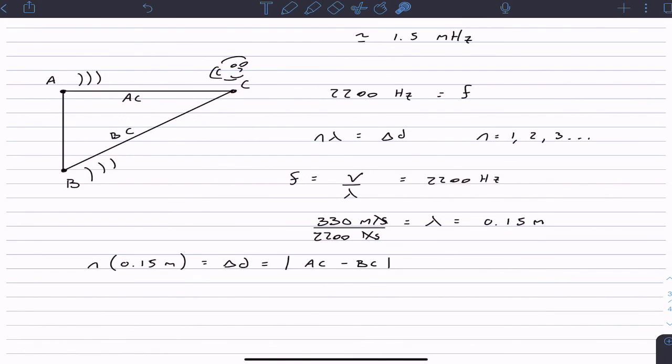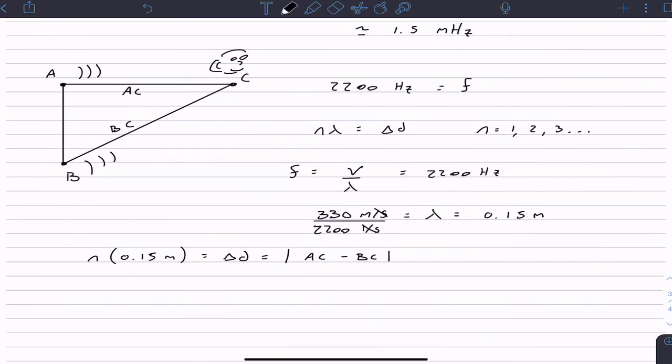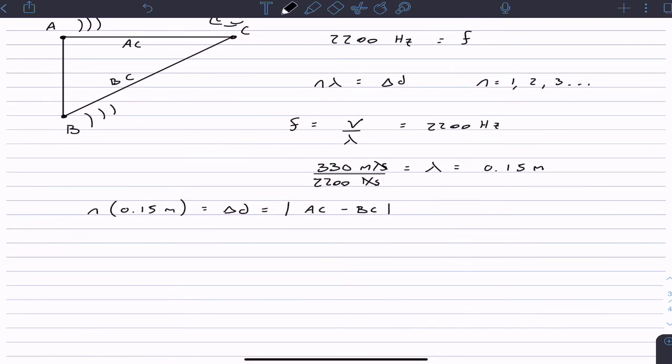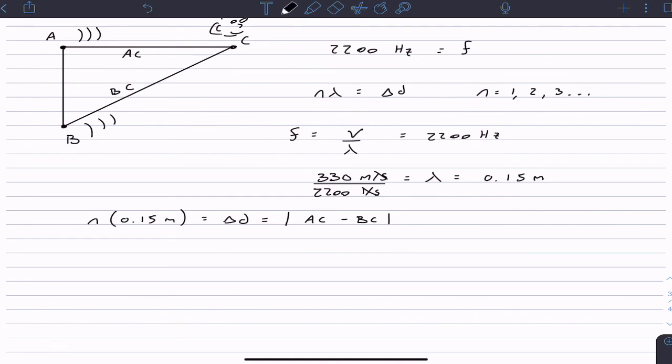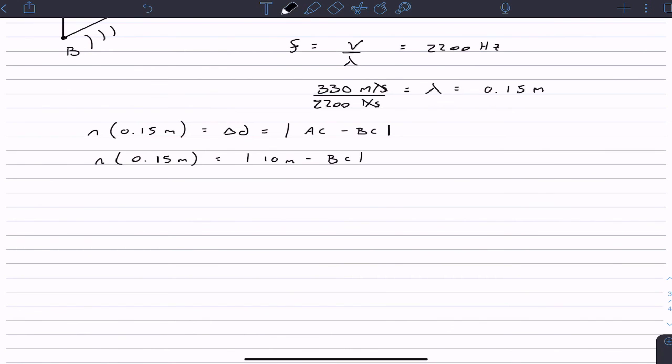So these distances here, we want the difference between these distances. That's what we're after. So what we are looking for is delta D equal to n lambda. So we'll just leave this here like this. We don't have to do any more solving. So this part is unnecessary for this problem.